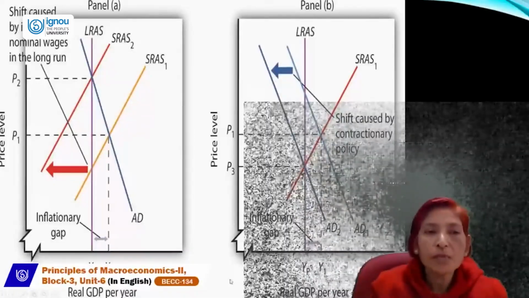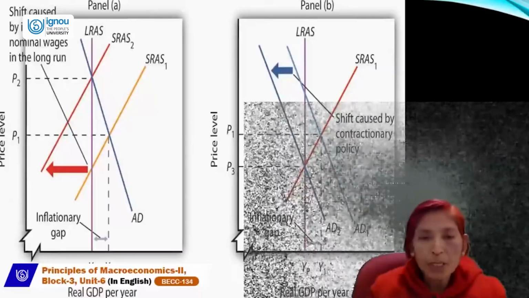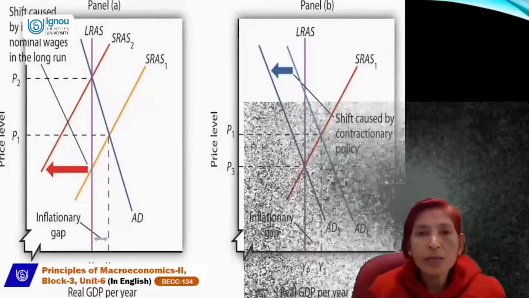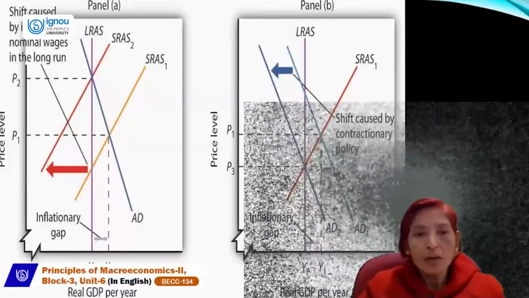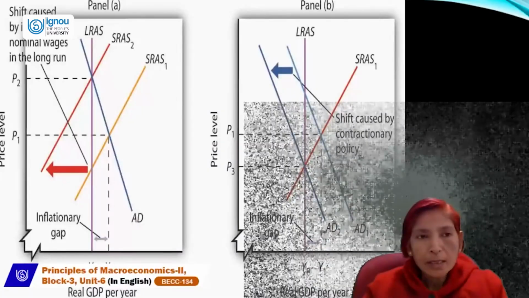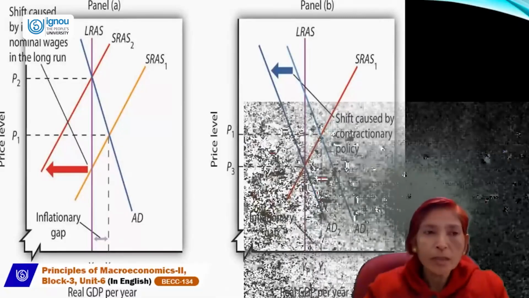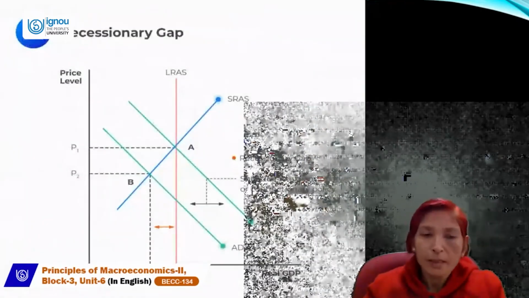An inflationary gap is a situation when price rises. If potential GDP is less and actual GDP is more, then an inflationary gap will occur. And if potential GDP is more and actual GDP is less, then a recessionary gap will arise.